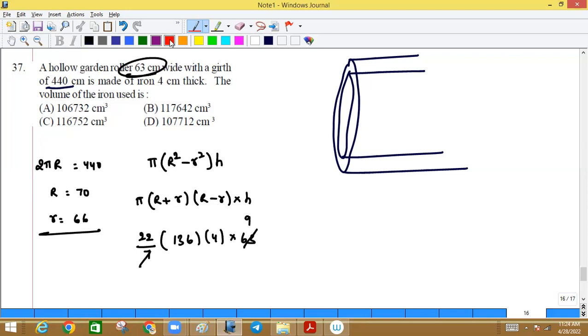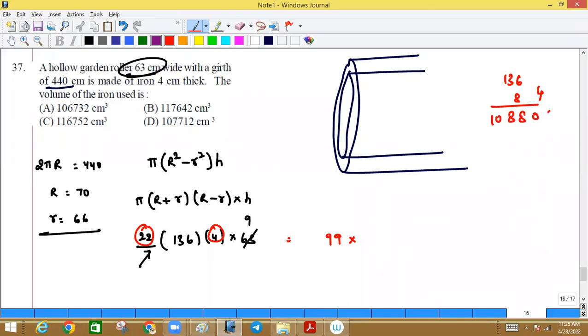Whenever you see in a product 9 and 11 included, take out that 9 and 11 outside. What is left? 4, sorry, 2, 4, that is 8. What is 136 into 8? 1088.